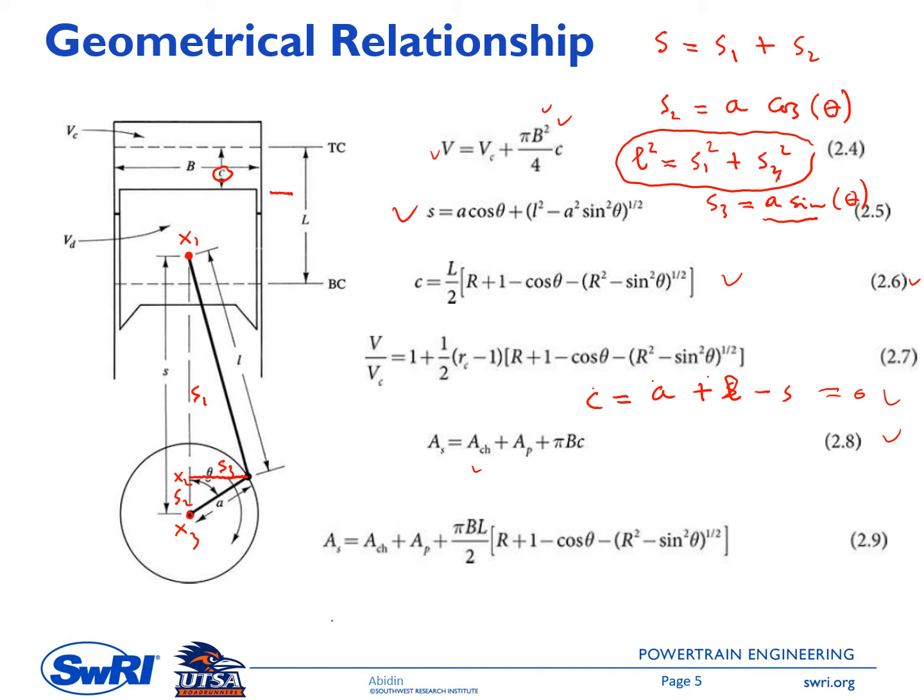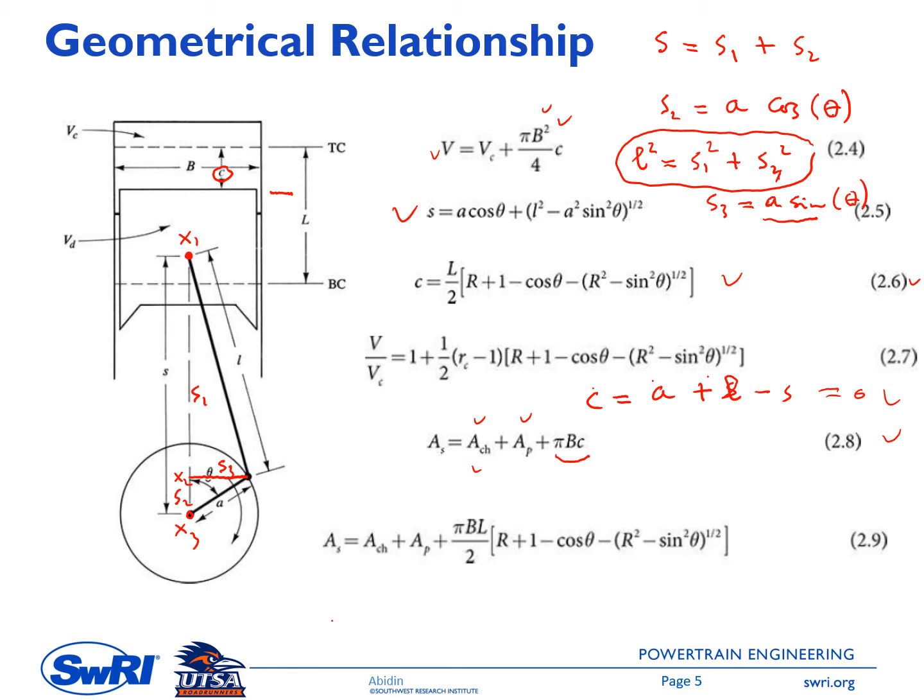So As equals to Ach, this is the cylinder head area, plus Ap, this is the piston top surface area. You will see also that the actual piston surface is not flat. It might have some valve pockets to avoid interaction or collision with the valve. And then the last one here is the area from the cylinder liner.